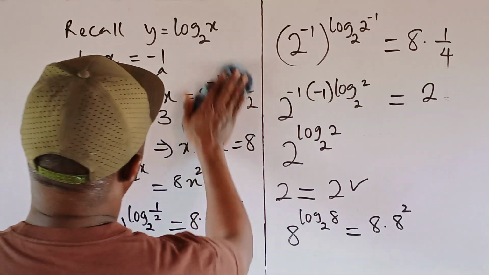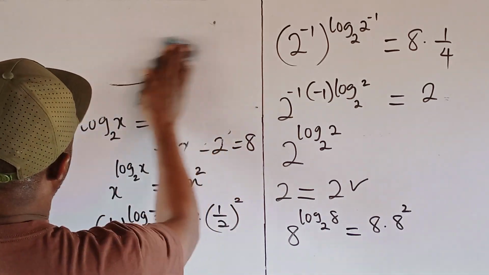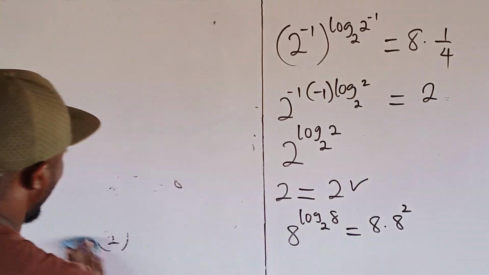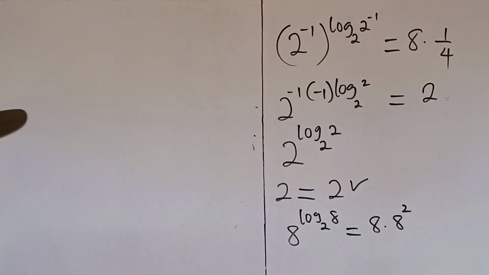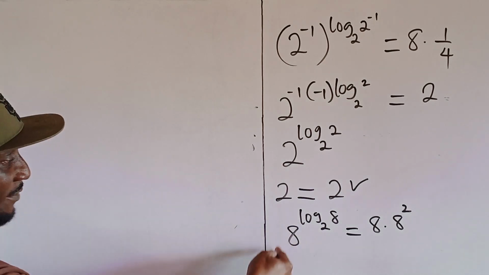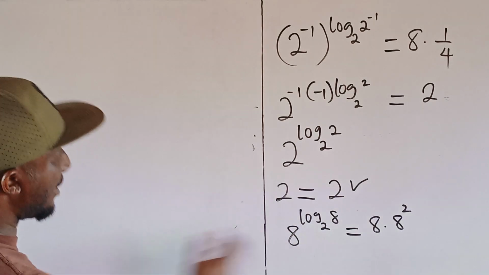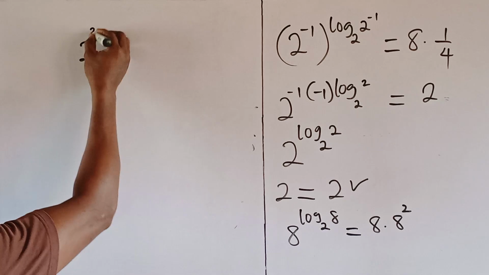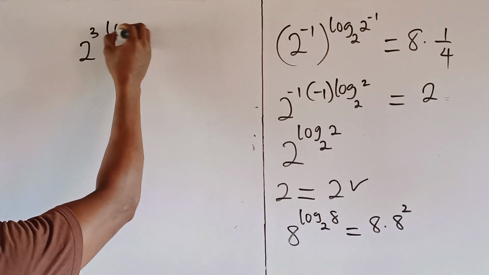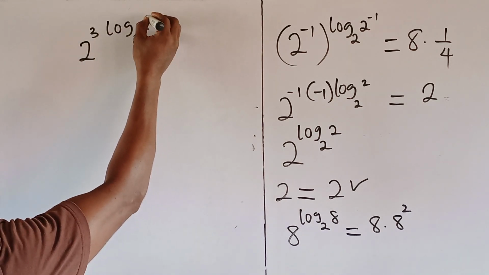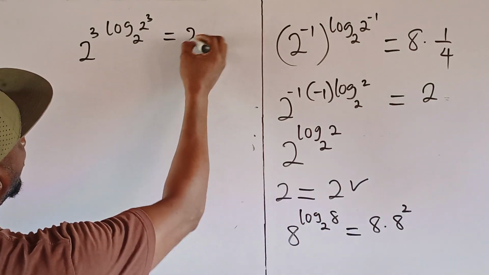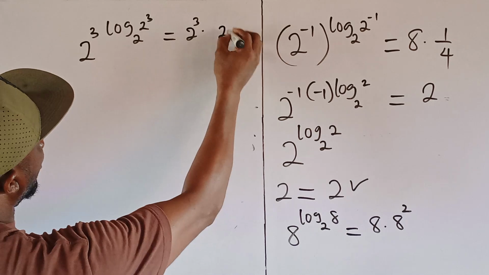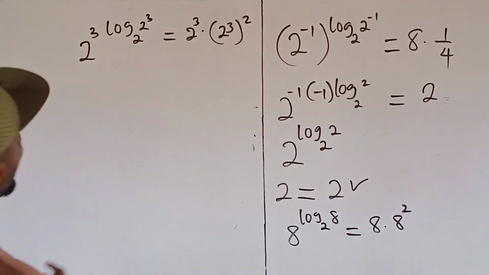The left hand side is the major work. 8 is 2 cubed, then we have log to base 2 of 2 cubed. Is it going to be equal to 2 cubed multiplied by 2 cubed all squared?